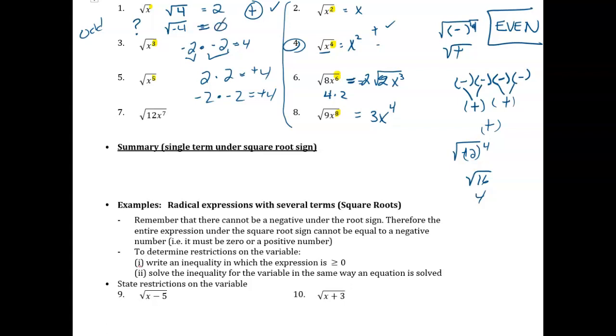So that one cannot be done. Impossible for negative numbers. So the negatives, gotta be careful. Like can't be done. That's what I mean with this x. So yes, no. All right.